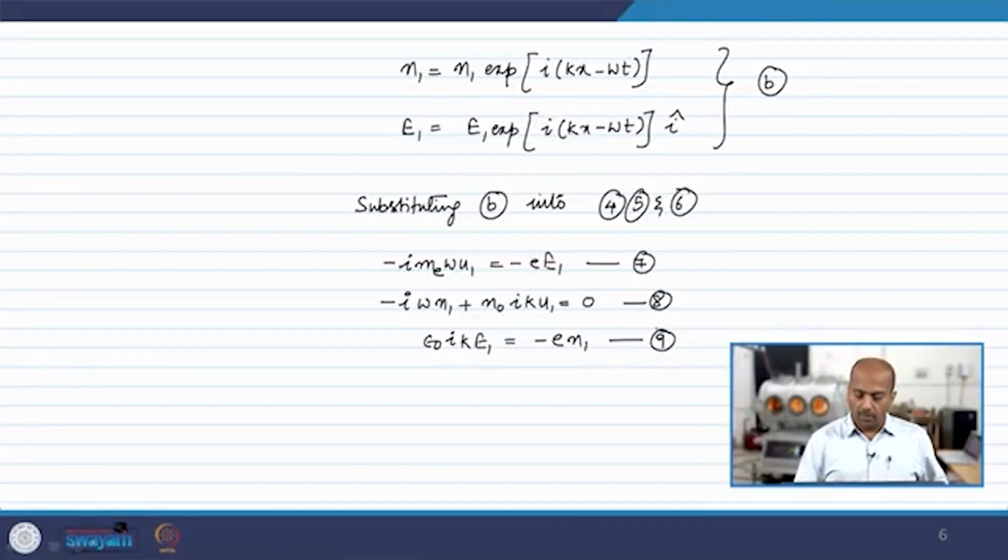Once we did that, we assumed solutions for these differential equations which are oscillatory, sinusoidal in nature, and then substituted the sinusoidal perturbed variables back into the governing equations. So, this is where we will stop today. In the next lecture, we will see how these equations can be solved and the dispersion relation obtained. We will also see the consequence and the physical interpretation of the dispersion relation.